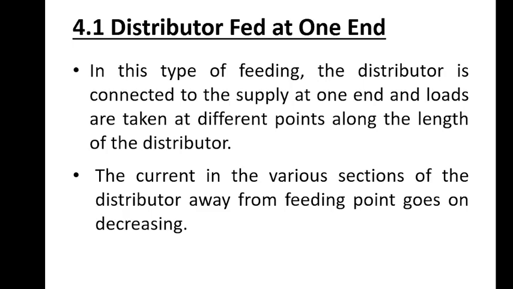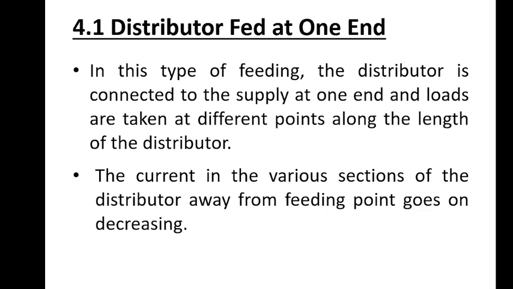Okay, in this slide, I want to introduce the concept of a distributor fed at one end. In this configuration, the electrical distributor is connected to the power supply at only one end, while loads are connected at various points along its length.